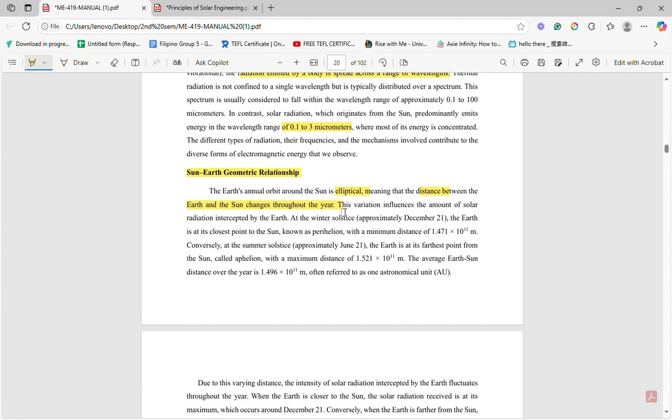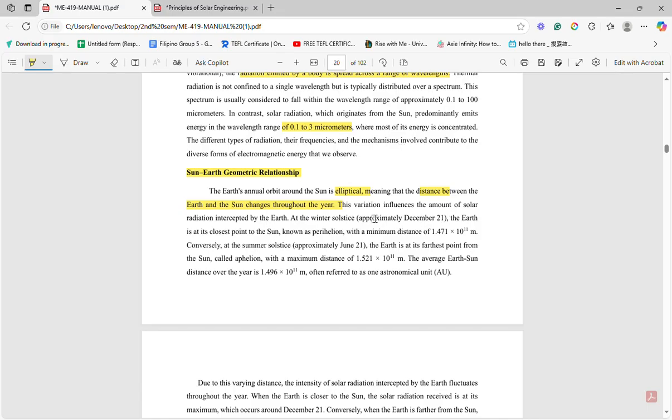This was already cleared out during our face-to-face class. You can see that once the Earth revolves around the Sun, it has different declinations, so it really has different measurements or different distances from the Sun.